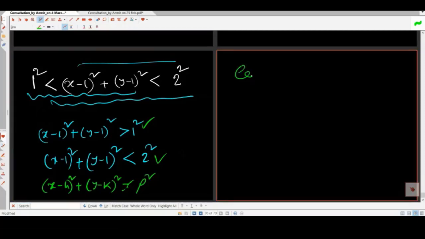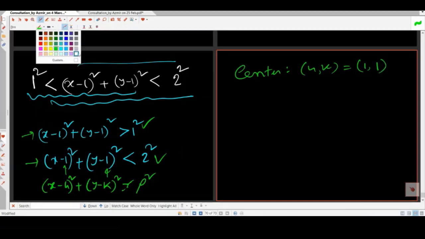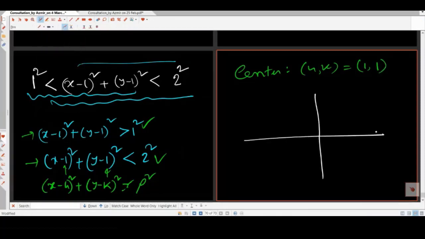So what is the center? The center is (h, k). For both cases, the center is (1, 1). You can compare with (h, k) and find that h is 1, k is also 1. So we have found our center, that is (1, 1), here.